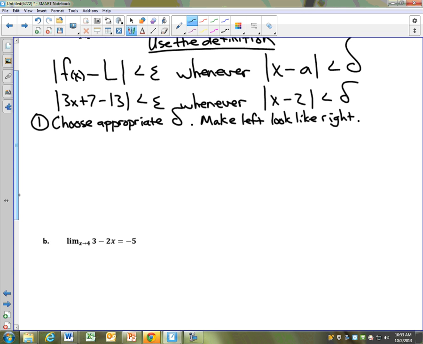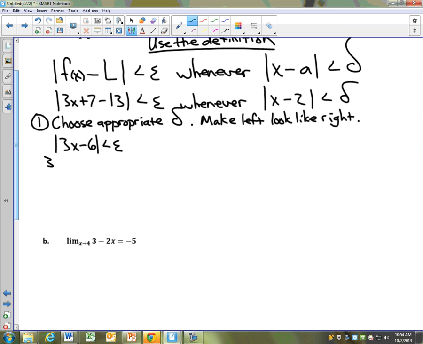Okay, so given an epsilon value, we choose delta. So look at what happens here. You have 3x plus 7 minus 13 less than epsilon. I want to make it look like that. Watch what I do. What is 3x plus 7 minus 13? 3x minus 6 is less than epsilon. You see it now? Look at this.